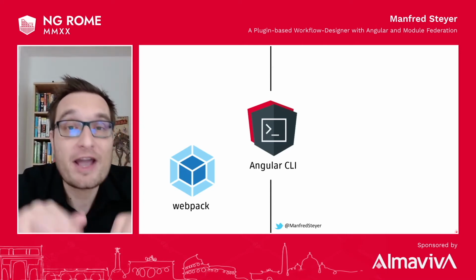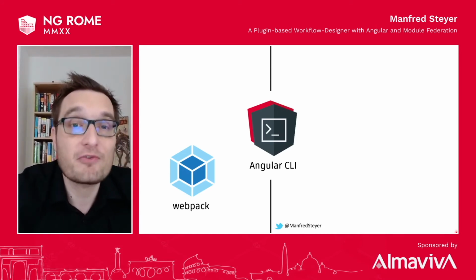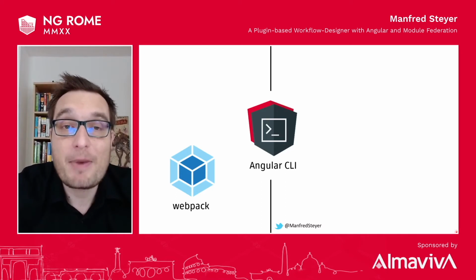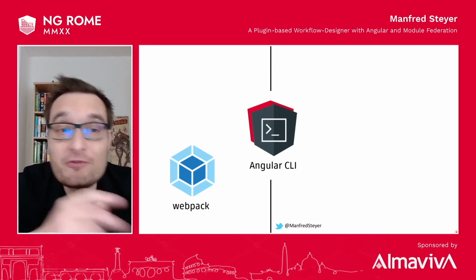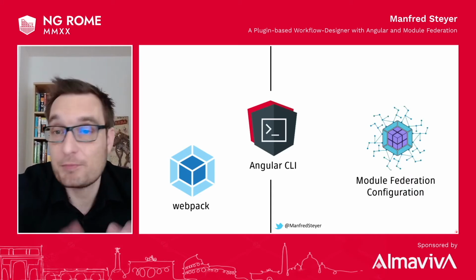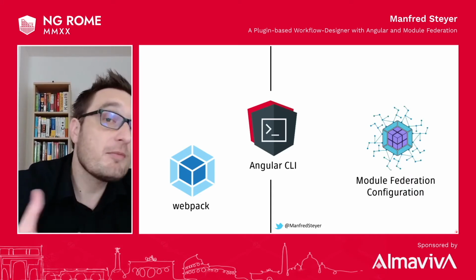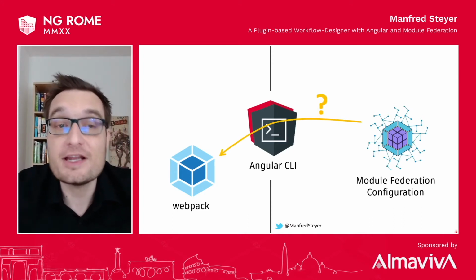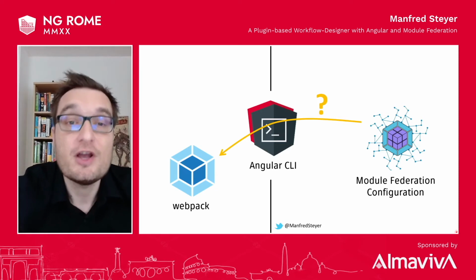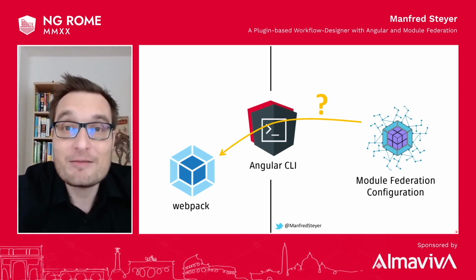We just do ng serve or ng build, and the CLI is doing the right things for us with Webpack behind the covers. But now we want to influence Webpack behind the covers because we have a module federation configuration, and somehow we need to find a way to squeeze this configuration into the Webpack configuration created by the CLI. And this can be done.